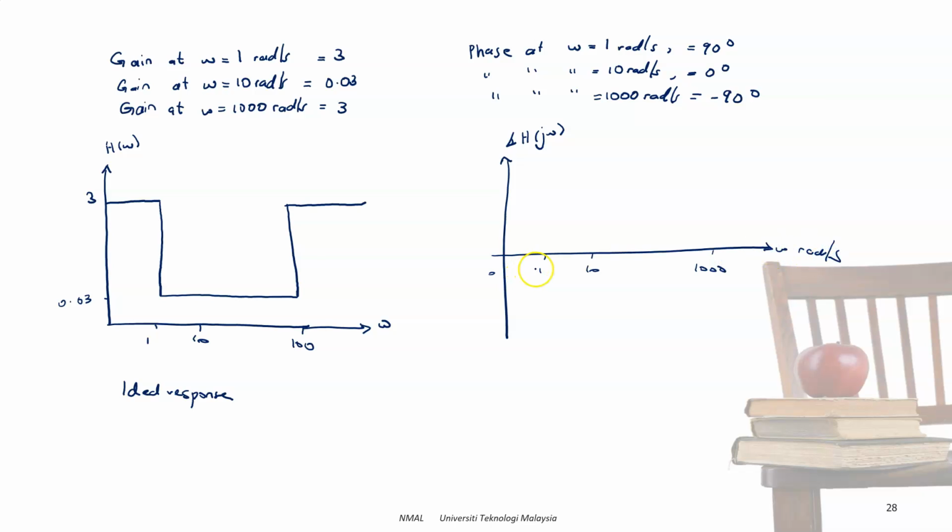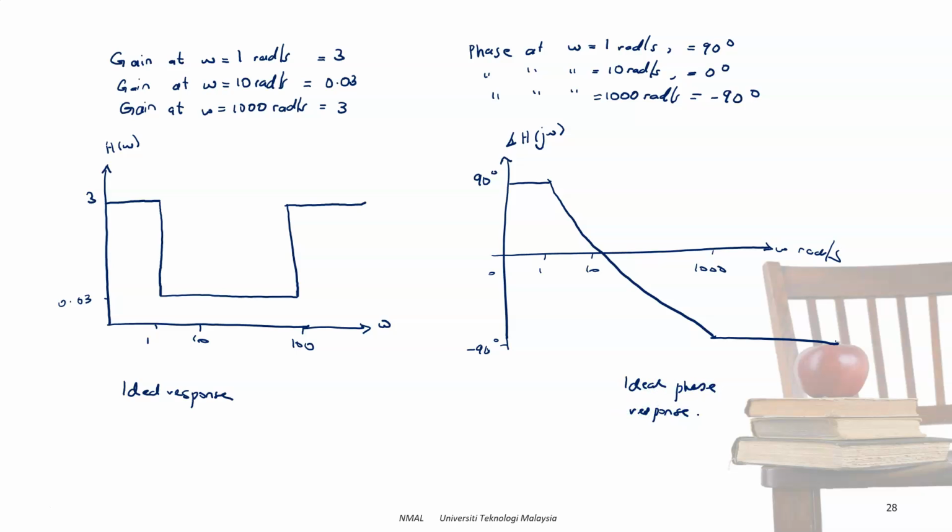So from 0 to 1, when omega equals 1, we have 90 degrees, so we plot 90 degrees. Then at 10, it goes down to 0, and at 1000, it goes to negative 90 degrees. So it goes like this. So this is the ideal phase response.